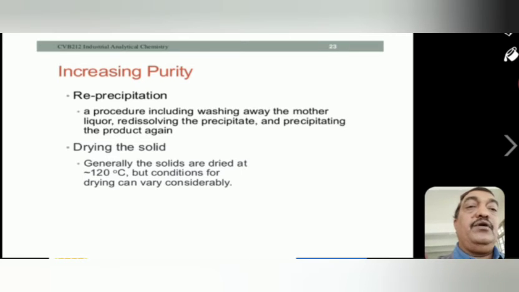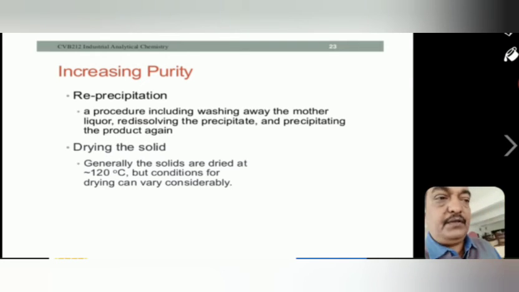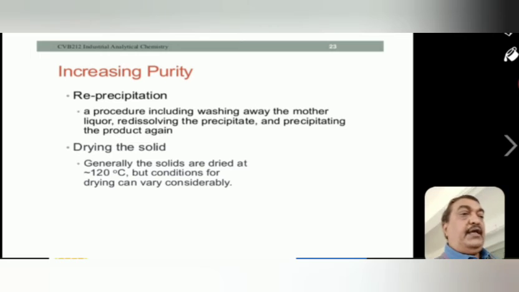So for this, we have to add the corresponding electrolyte so that the original precipitate is going to form and settle at the bottom. This is possible only if the reprecipitation of the side product is done to get the original compound.